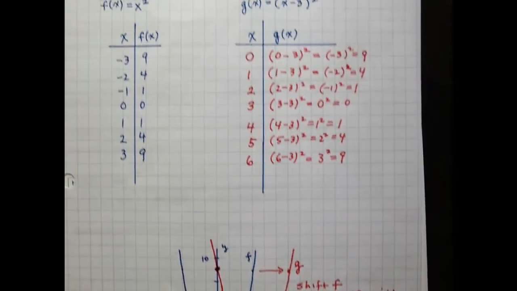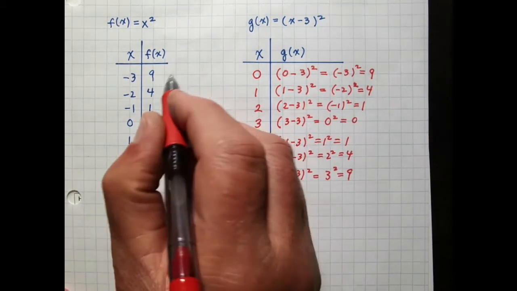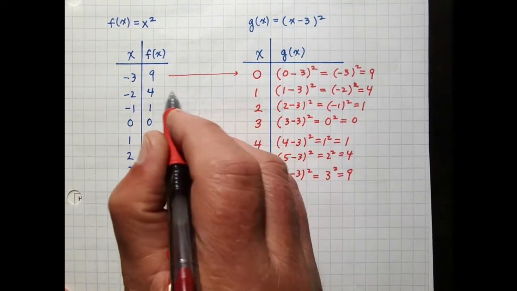What's going on here? We can kind of see what's going on from these values that I chose in my table.